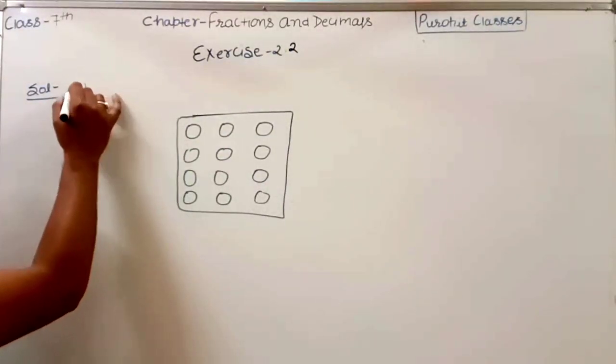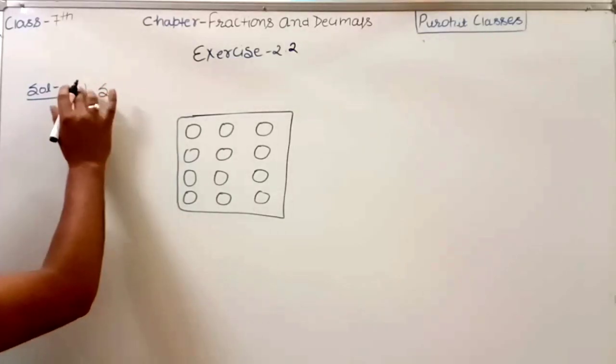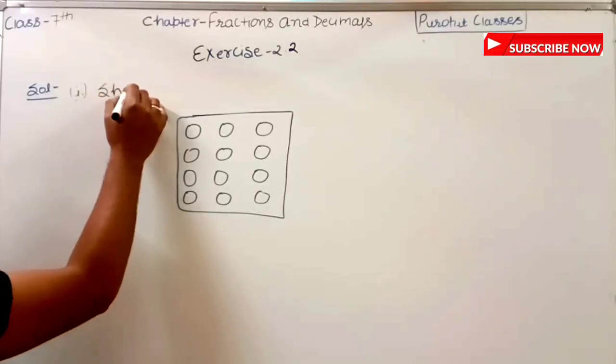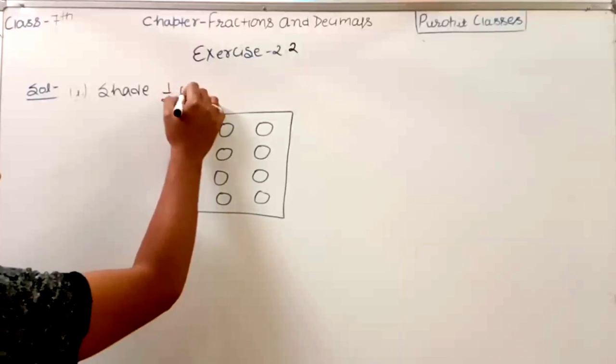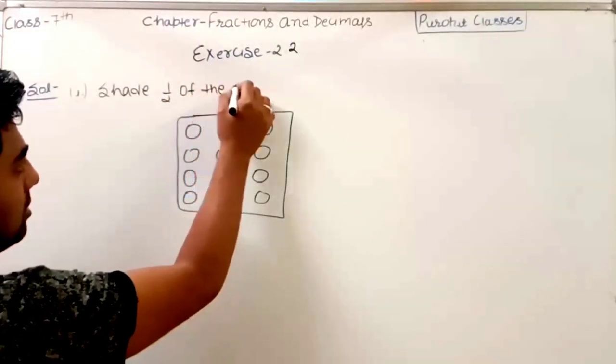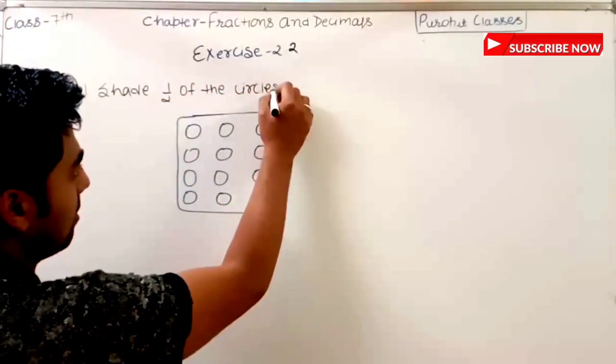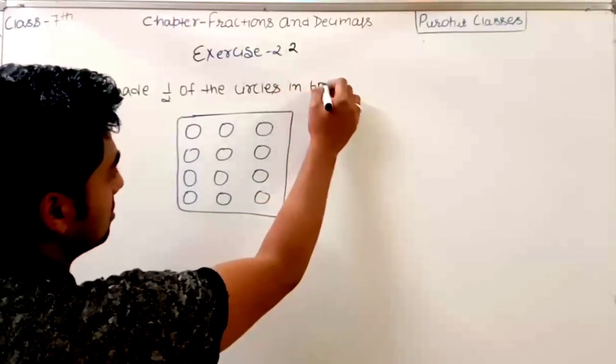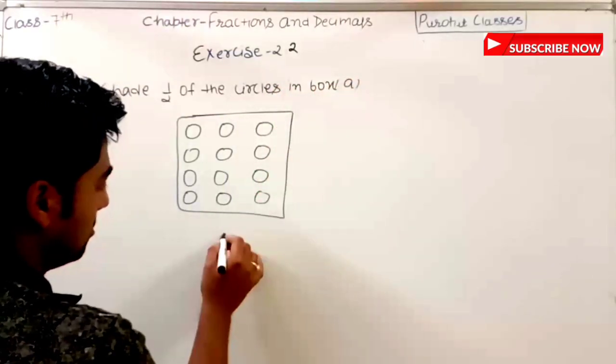The first part says shade half of the circles in box A, and this is box A.